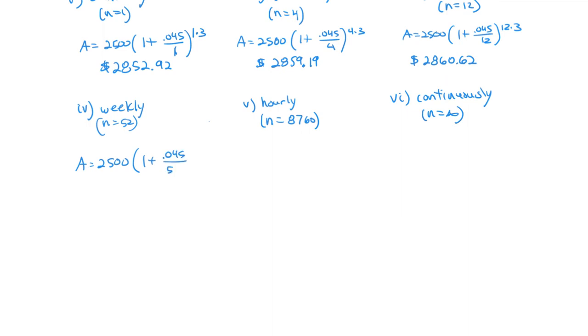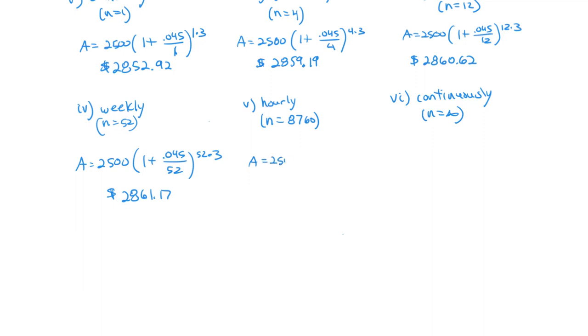So this would be 52 times 3. Okay, so this one I am getting 2861.17. So it's sort of slowing down, right? It's going up, but not too much. Now hourly, that's a lot of compounding periods. Let's see what happens here.